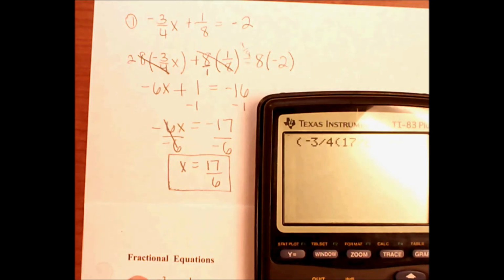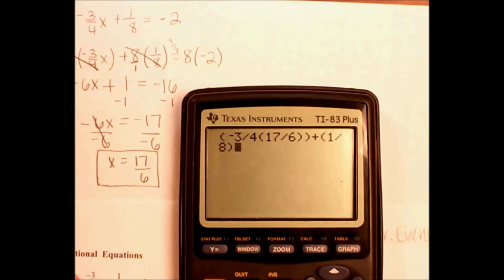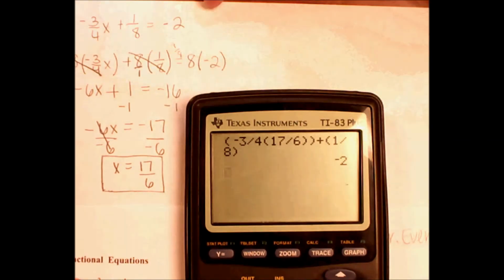Add that to 1/8 divided by 8. You get negative 2. So therefore this left side equals negative 2.